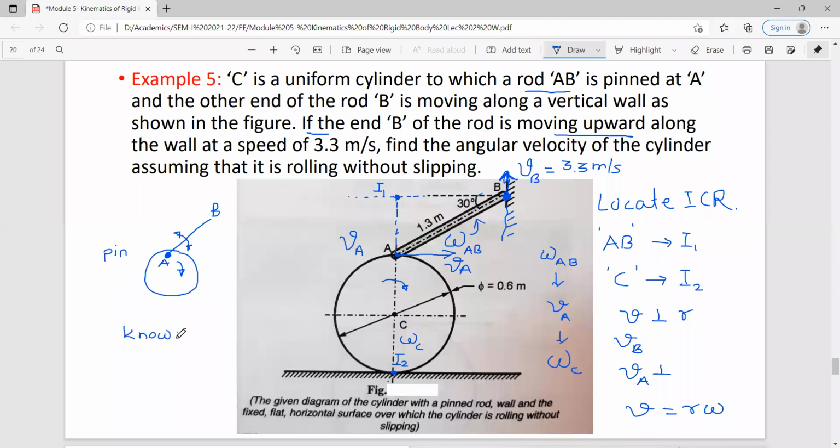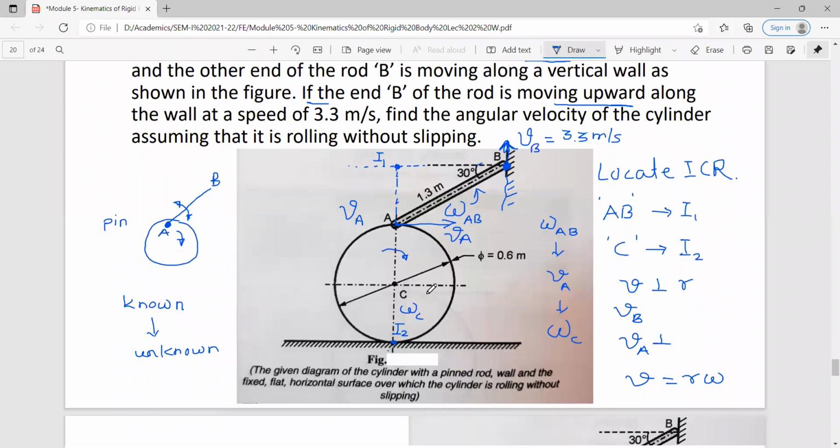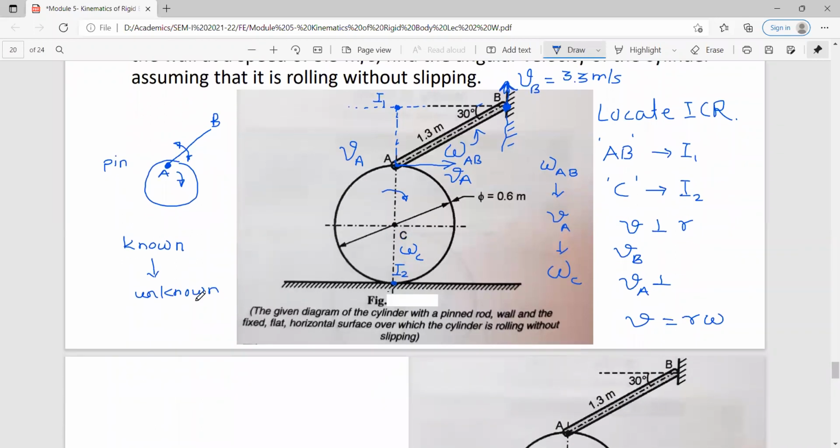Okay, so let us go from known to unknown. First we will see what is known to us, and from there we will move to find out the unknown. So what is given to us? The velocity of point B is given to us. I will write down the velocity of point B. What is the formula for velocity? R into omega. So what is the radius of point B?